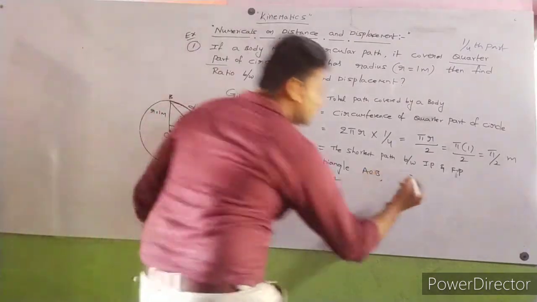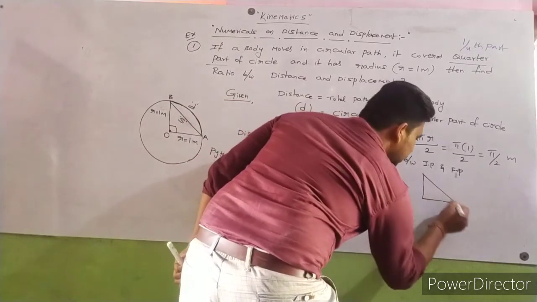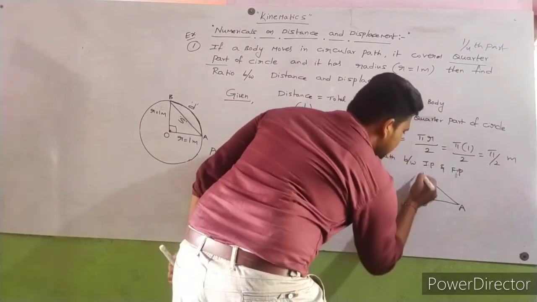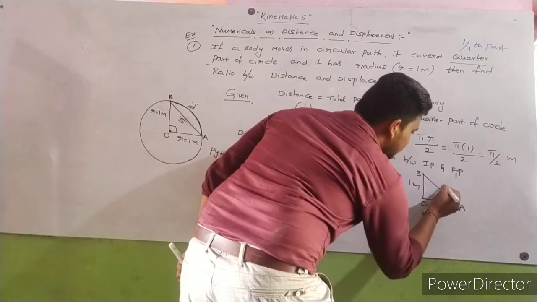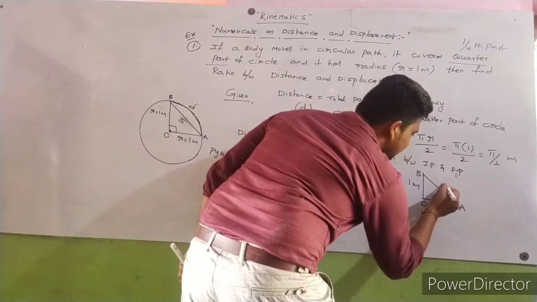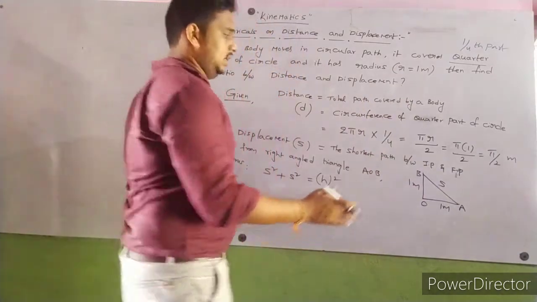Here this is A, this is O, this is B. This is 1 meter, this is 1 meter, and this is the hypotenuse, which is considered as displacement s.